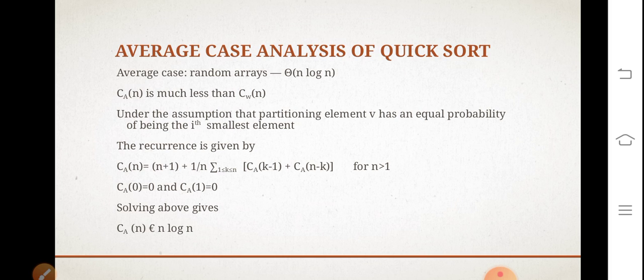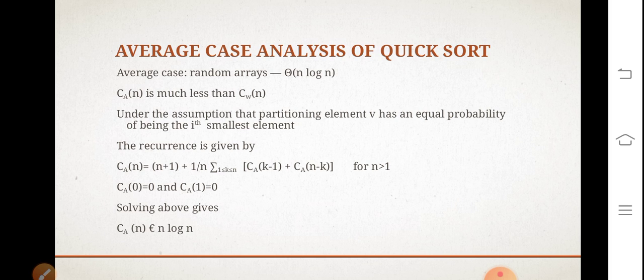Ca of n, the average case of quicksort, is much less than the worst case complexity cw of n of quicksort, under the assumption that the partitioning element p has an equal probability of being the ith smallest element.